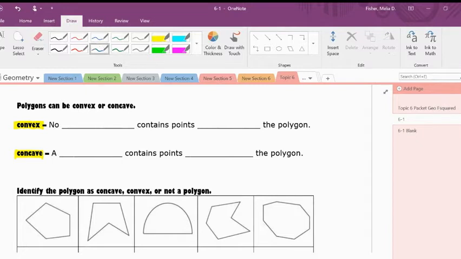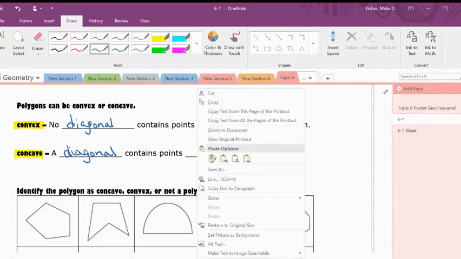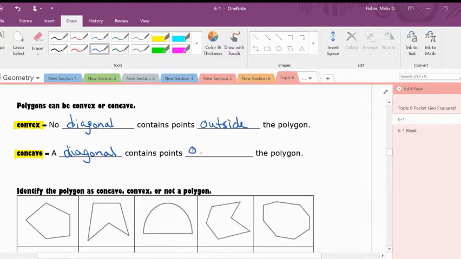In a convex polygon, no diagonal contains points outside the polygon, and in a concave polygon, a diagonal contains points outside the polygon. So in this one it's important to see no diagonal outside, and this one has diagonals outside.